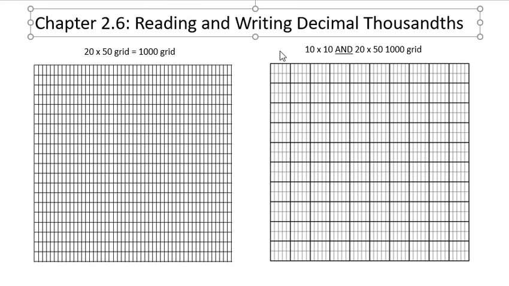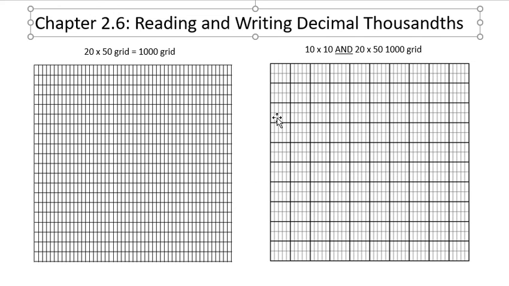For example, if I shaded in this entire column right here, I could call it 1/10 because I'm taking one whole column of the 10 columns in existence. I could also call it 10/100ths because I'm shading in 1, 2, 3, 4, 5, 6, 7, 8, 9, 10 out of a total of 100 squares.